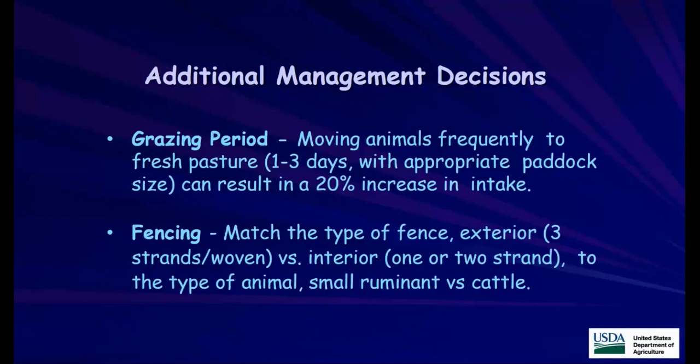In terms of fencing, you really want to match the type of fence with the type of animal. If you have sheep and goats, you're going to want more strands, or you may want woven wire on the exterior. If you have cattle, you may only need to have 1 or 2 strands to keep them in because they're pretty respectful of high tensile electrified fencing.